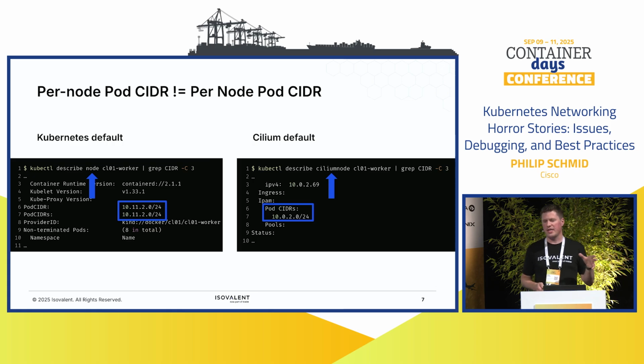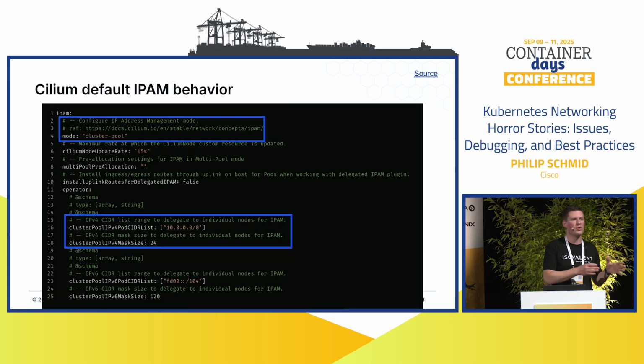To understand where this comes from, we need to have a look at the Cilium default Helm values, which we see here, and that's essentially the relevant section. That's the IPAM section, in which we can see Cilium's default value. So that's what you get if you just do a Cilium install on top of your cluster.